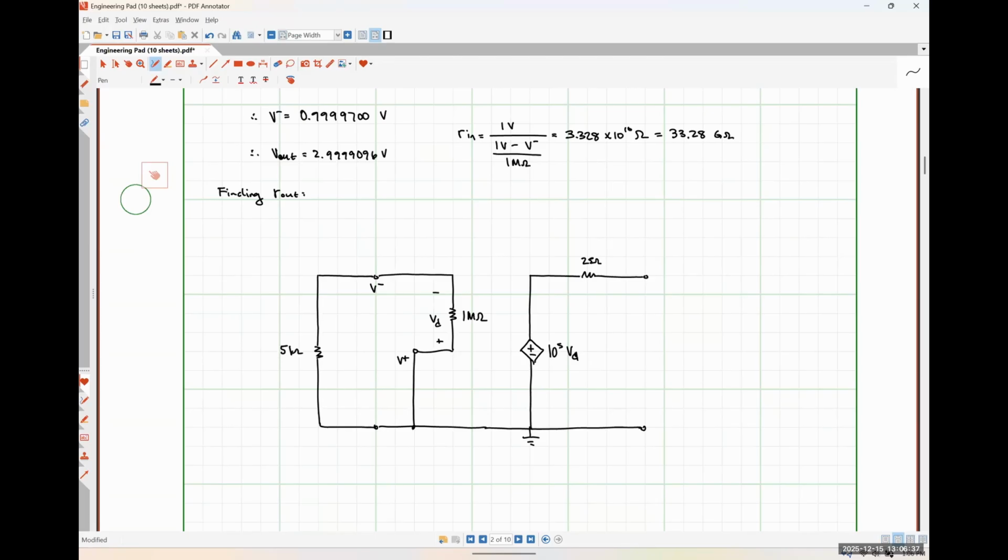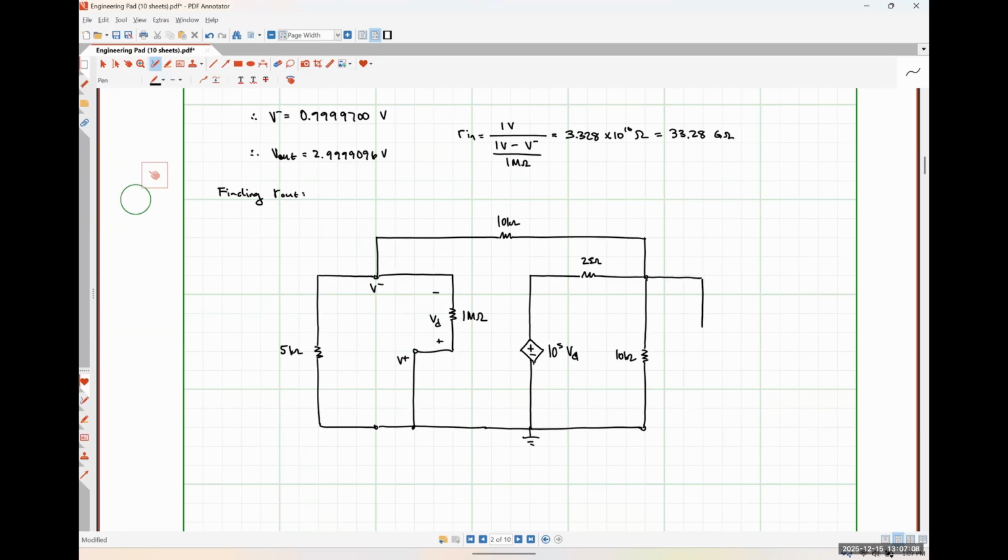I need to put my load resistor between my output terminal and ground. So that's this guy right here. Create my feedback path, which is also a 10 kilo ohm resistor. And then lastly, I'm going to apply my test source across my output terminals.